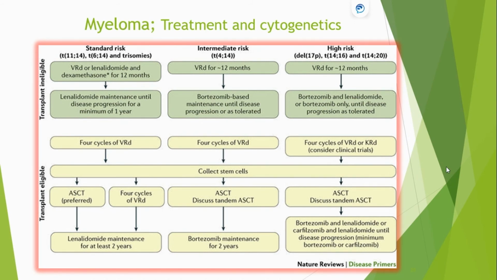So until now, I showed how cytogenetic abnormalities, especially those detected by FISH, are important in risk stratification, determination of the disease progression or stage the patient is in, management of the patient, and treatment of the patient.